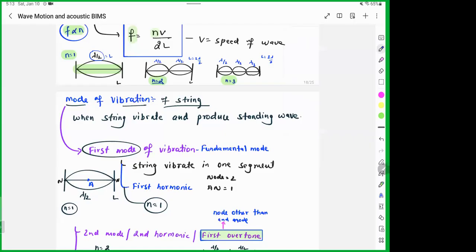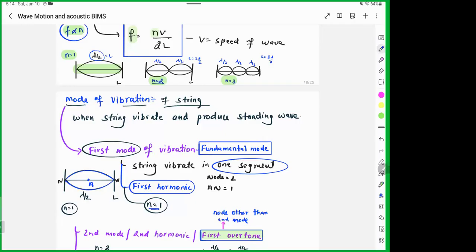Fundamental mode or first mode, the basic frequency we are talking about. In this case, the string will have one segment. It will be the first harmonic, fundamental mode, and the value of n will be equal to 1, because only one basic frequency is formed, and only one segment is formed.